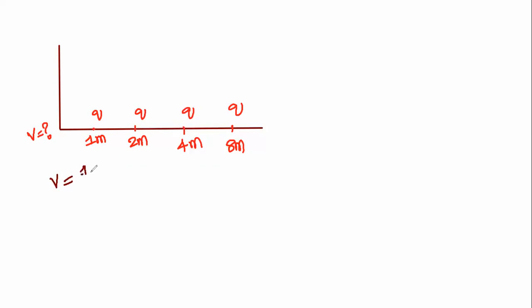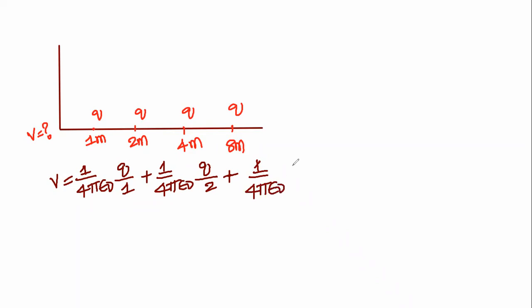So V1 is equal to 1 by 4 pi epsilon naught into Q divided by 1, plus 1 by 4 pi epsilon naught into Q divided by 2, plus 1 by 4 pi epsilon naught into Q divided by 4, plus 1 by 4 pi epsilon naught into Q divided by 8, and so on.